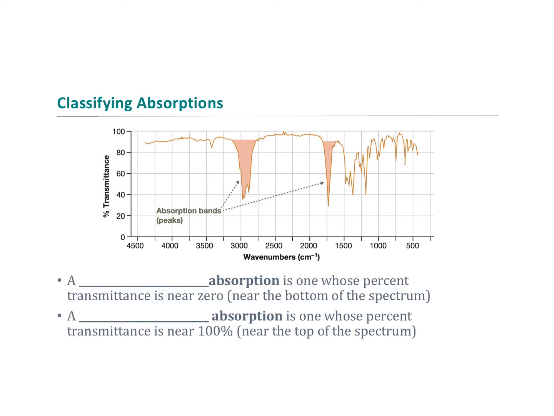So when we look at this, we have frequencies where the transmittance is right at 100%, and that's really the baseline. So up here is really the baseline. And so what that means is most of the infrared radiation makes it through the sample to the detector.